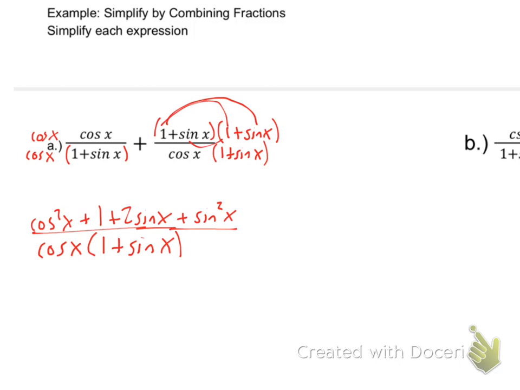Now, what we have to do is simplify that. There should be some things in there that you just don't seem to care for, or saying, maybe I could change that. There's a couple different ways we can handle it. What are those places or things that we don't like?